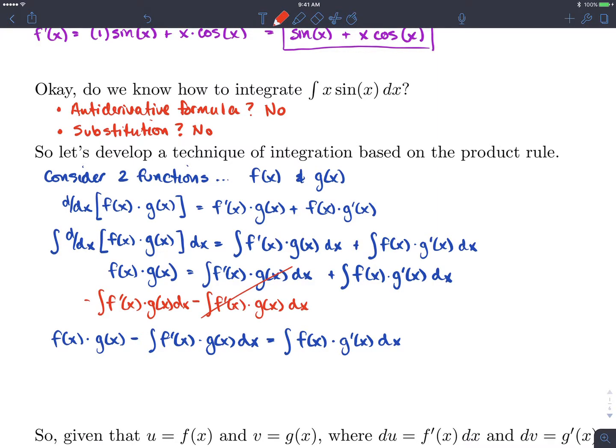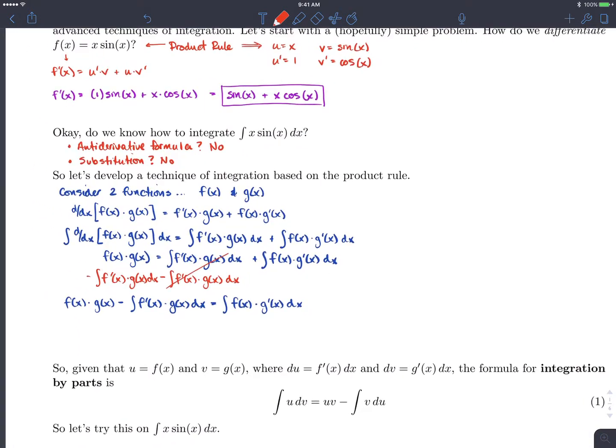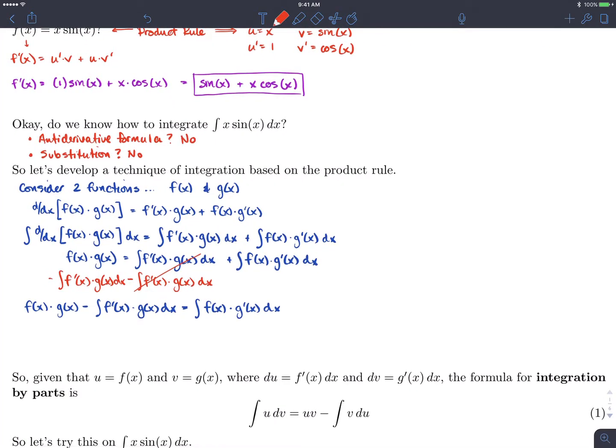Now, this notation is a little bit messy, so if we were to make a few substitutions here, we get the conventional formula that we use for integration by parts.